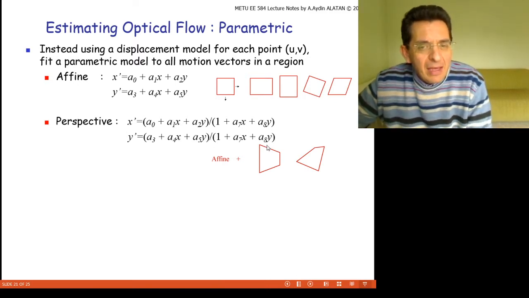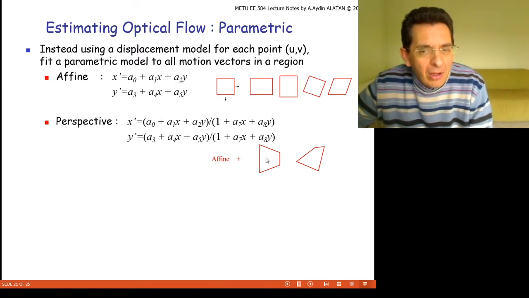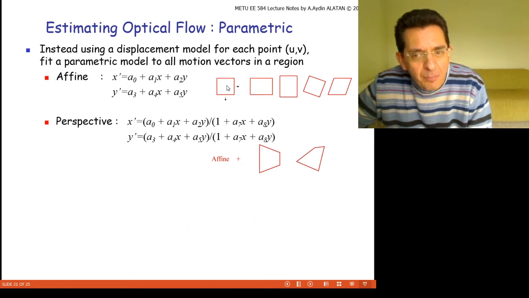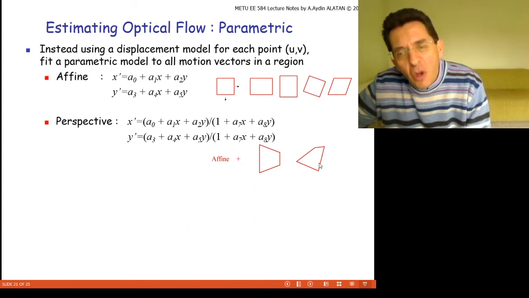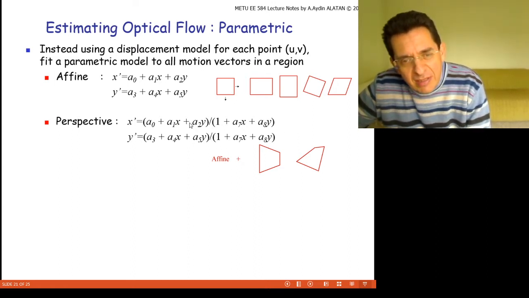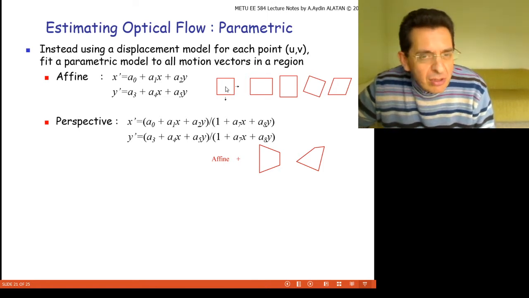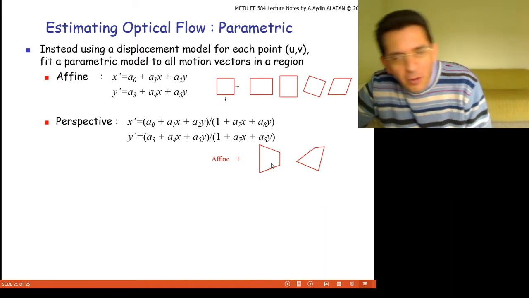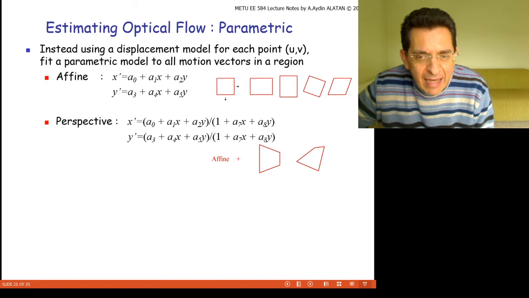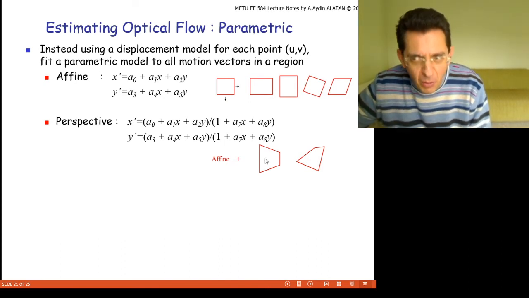But if you make these things also variable, for example, a square can be geometrically warped into this using such an idea. Now, would you please look here? Once you look at a real square with a camera, and you look at this planar scene a little bit from left or right, this kind of perspective deformation can be obtained.